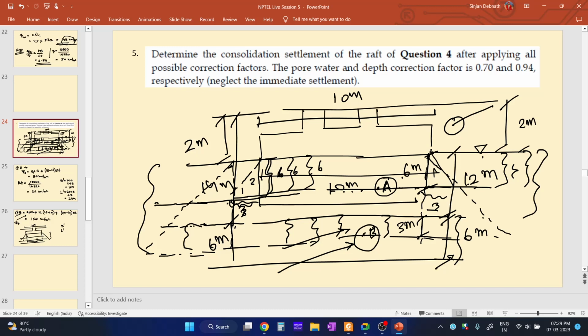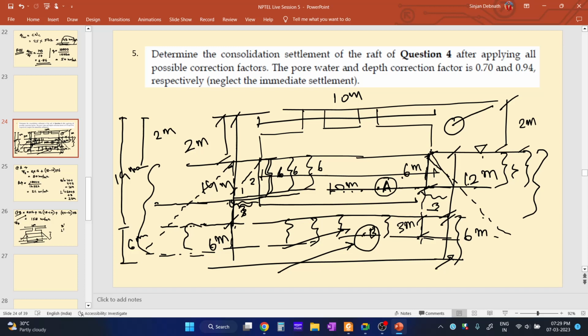12 plus 3. See, this one is 2 meter, and from the top to where layer 1 ends, the depth of layer 1 is 14 meter, and the rest is 6 meter, right? The depth of layer 2 is 6 meter. 2 meter is the depth of the footing.